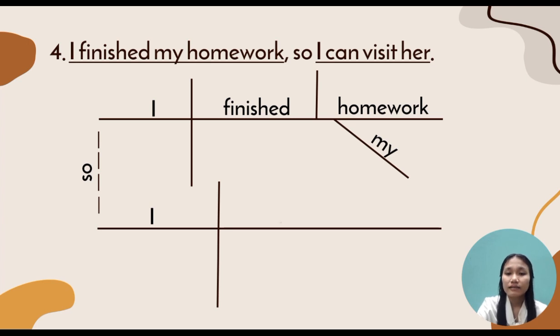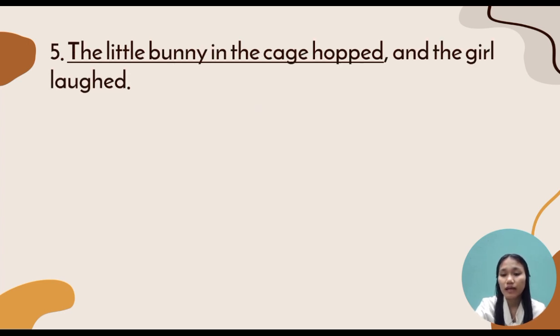I is the subject, visit is our verb, and her is our direct object. So the words that are connected to our direct object should be written using a slanting line.